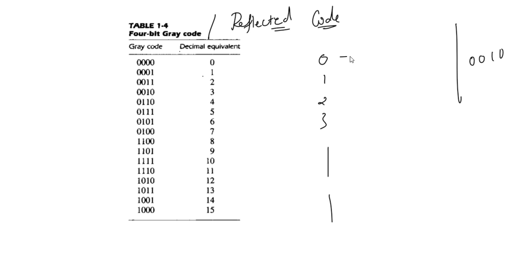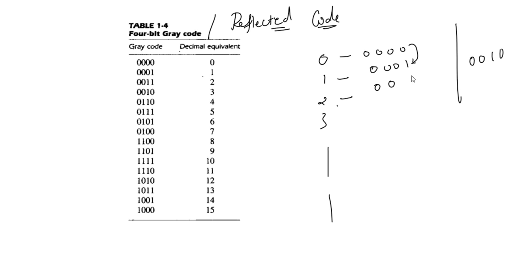For 1, what do I need to do? I need to change only one bit, that is 0 0 0 1. 0 can be changed into 1 to make 1, right? For 2, again I have to change only one bit and keep the rest the same. I put 0 0 the same, and I also write 1 the same, correct?